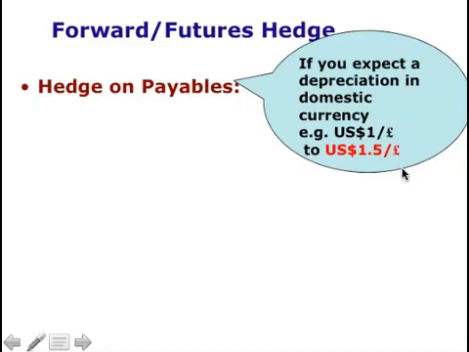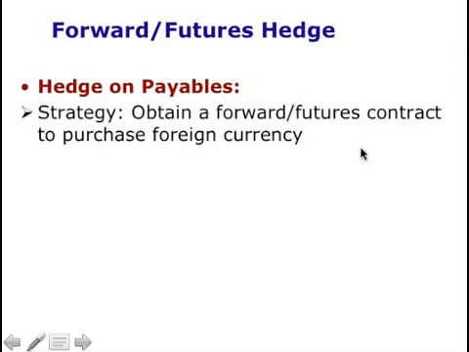So in this particular case, you can conduct hedging to reduce the risk. So how to conduct hedging? Here your strategy is to obtain a forward or futures contract to purchase foreign currency.